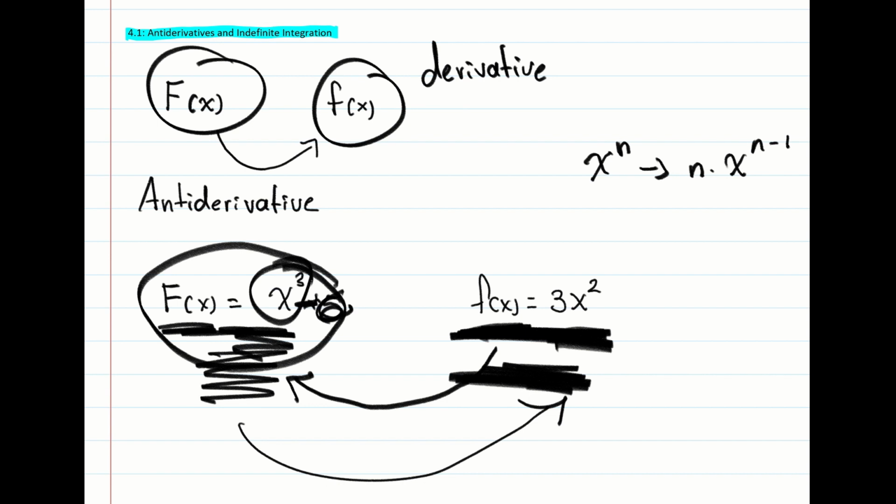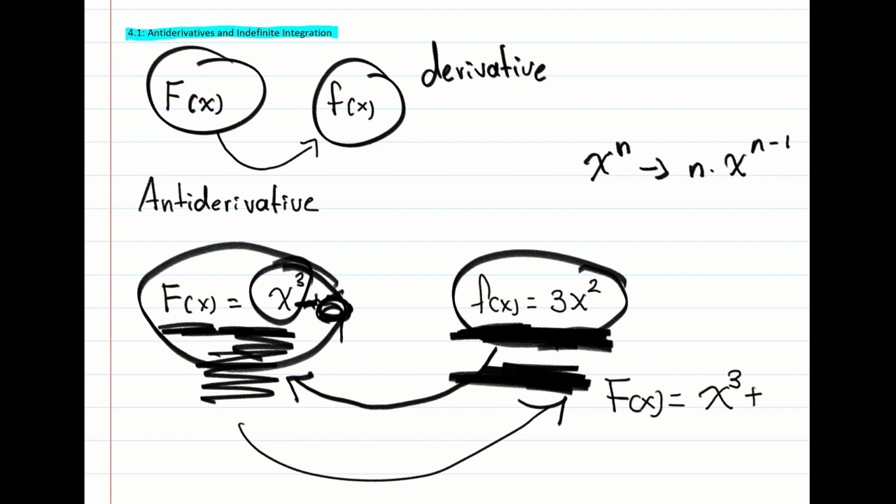Minus 9, it's still 3x squared plus 0. So in fact, we say that an antiderivative of this one is capital F of x equals x cubed plus c. This c is called a constant of integration.